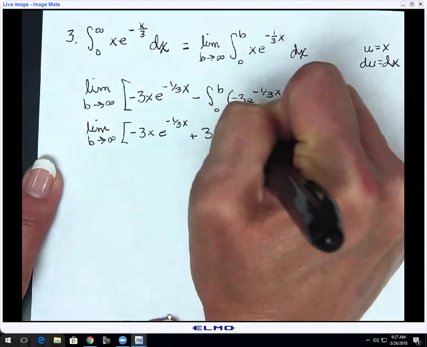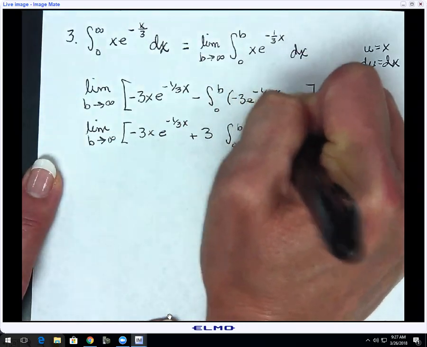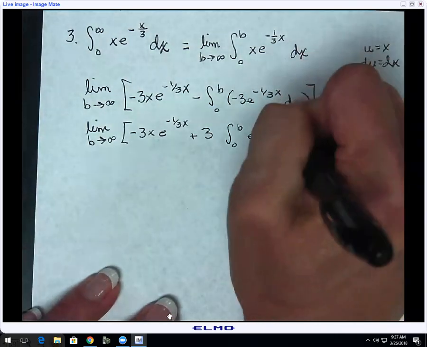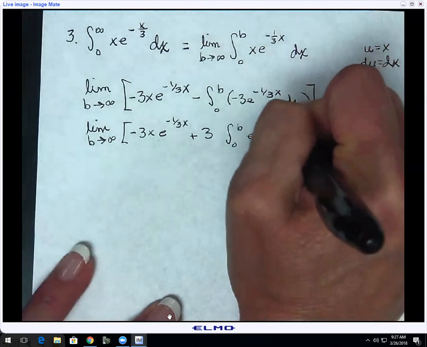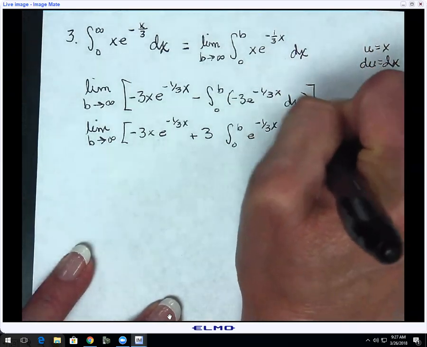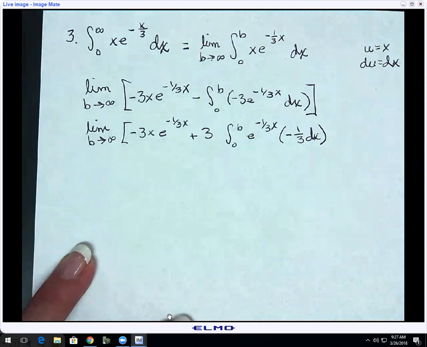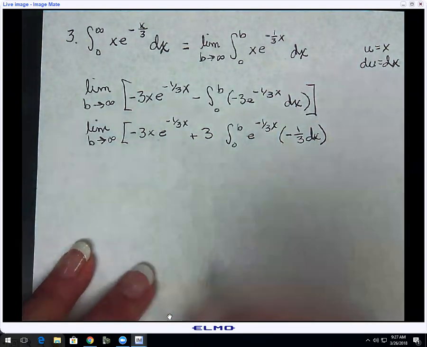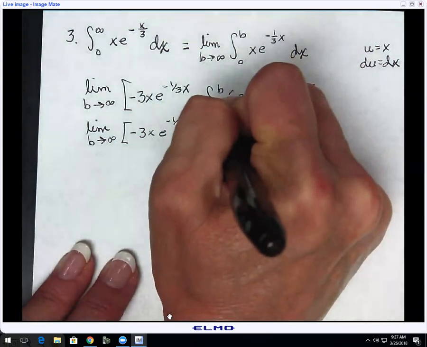But to integrate what's left, e to the negative 1/3 x, I have to have another negative 1/3 dx as part of the integrand. And the only way to get that is to put another negative 3 out front.